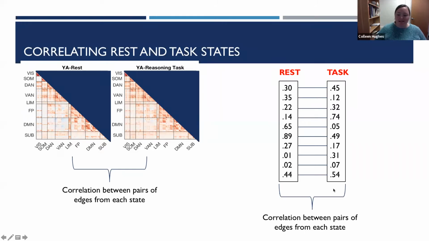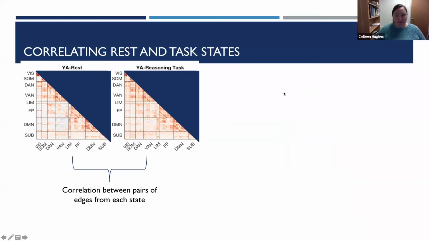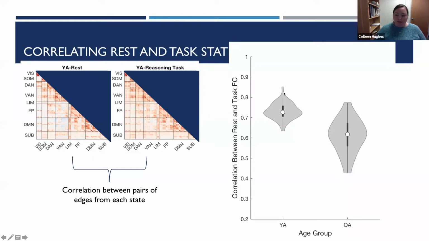With rest and task, and then we calculate the correlation for every subject between rest and task, the same edges at rest and at task across the whole brain. So I'm talking right now about very global effects in the brain. And then when we do the group comparison, we find that younger adults have a higher correlation in the connectivity between rest and task, whereas older adults have a lower and more variable correlation.